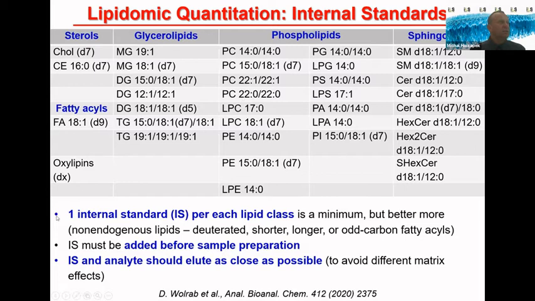And here you see the list of what we have developed within the last couple of years for these 5 categories. So mostly we use deuterated internal standards highlighted in red, or in some cases shorter fatty acyls because they are cheaper, but you need to verify that they are absent in your samples. In some cases, we use even longer fatty acyls or odd carbon fatty acyl chains.